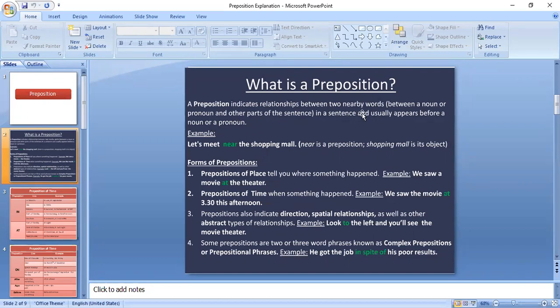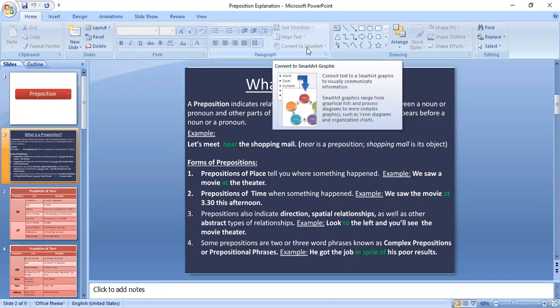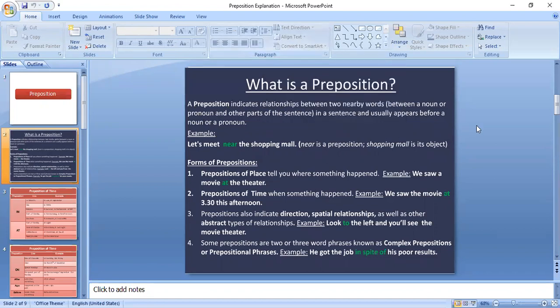That can be a noun or a pronoun. जैसे अभी मैंने बोला noun equivalent, that is pronoun and any other part of the sentence. So preposition gives relationship or tells us about the relation between two words or two nouns or two pronouns. It can be noun or pronoun or any other word in the sentence.